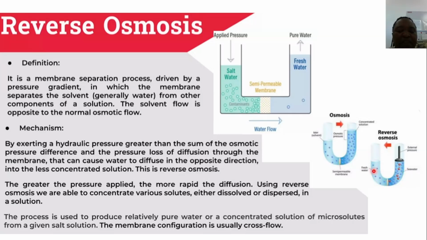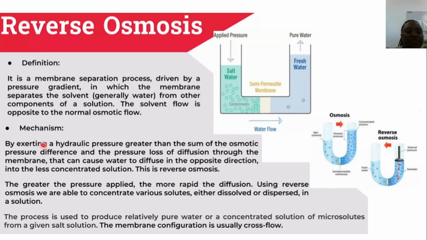So we are coming from a place where we have more concentration of the solution towards the less concentration of the solution, or from a place where we have low water to where we have more water.